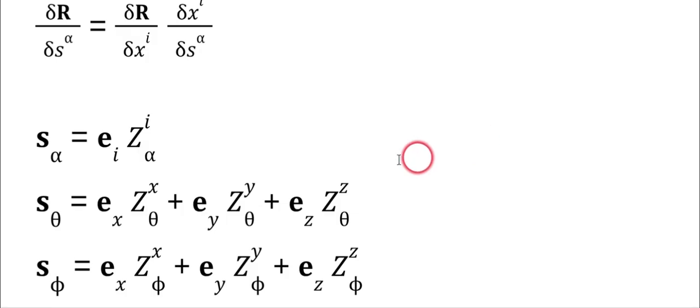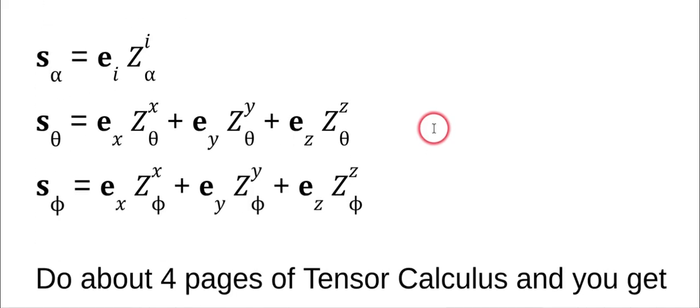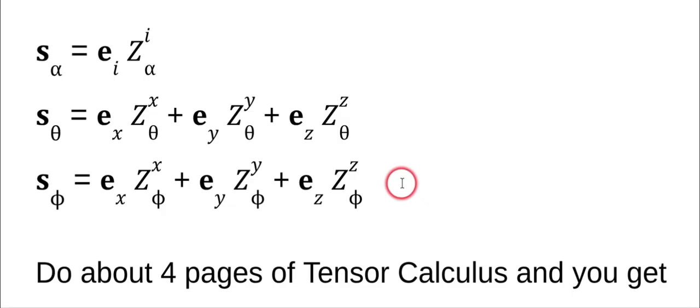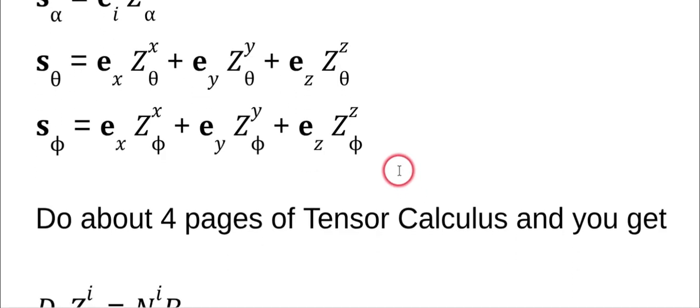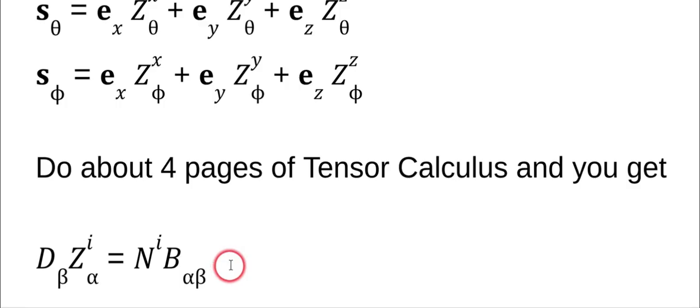Okay. Now, since you're watching that playlist, you know how long it is, right? So I'm not going to reproduce that here because it's a lot. You do about 4 more pages of tensor calculus, and you get to this relationship where the covariant surface derivative of the shift tensor is related to the Gaussian curvature tensor by the components of that normal.